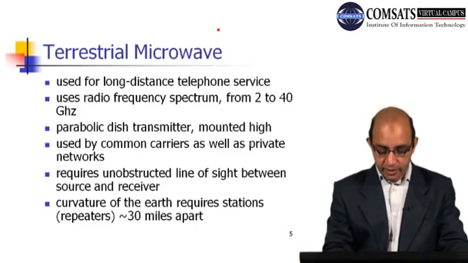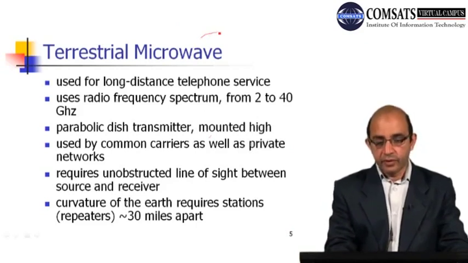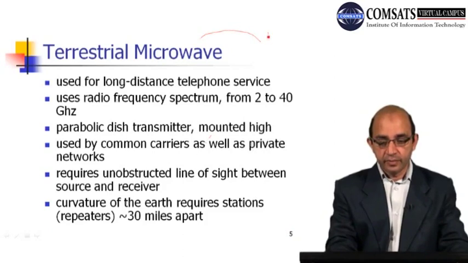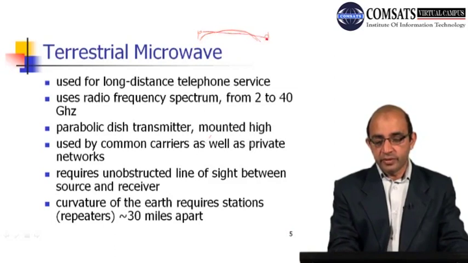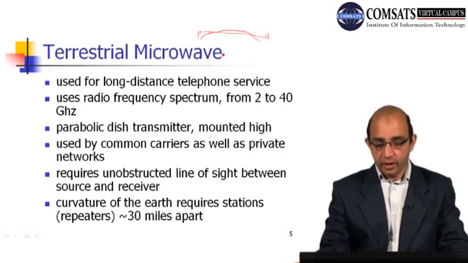So let me draw here. You know that we have the curvature of earth like this, and if I have an antenna over here and an antenna over here, I should be taking into account the curvature, right? So you can see that if I have to draw a straight line between those two antennas, there will be an obstacle, that is the earth.